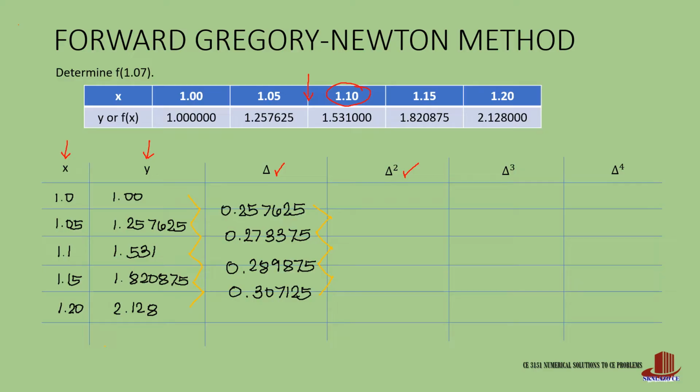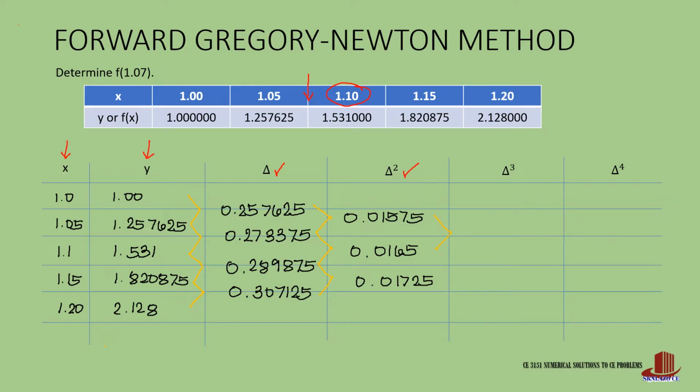0.273375 less 0.257625 would give us 0.01575. The next would give us 0.0165. And lastly, 0.01725.